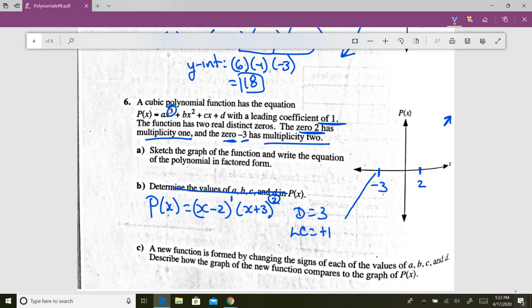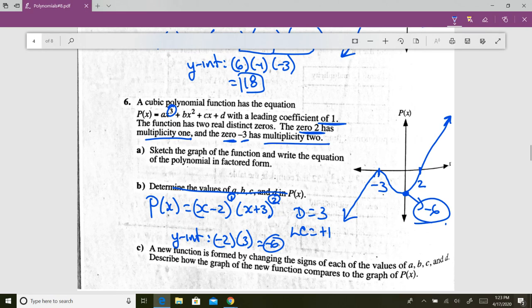We have a multiplicity of 2, which means we have a tangent. And it turns, and it goes up like that because it passes right through the multiplicity of 1 at 2. If you want to know your y-intercept, -2 times 3 is -6.